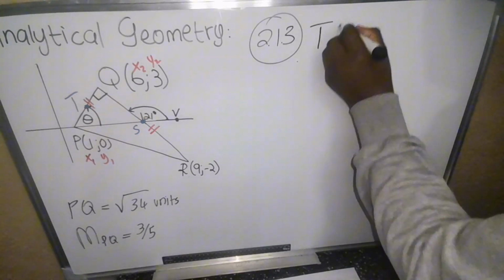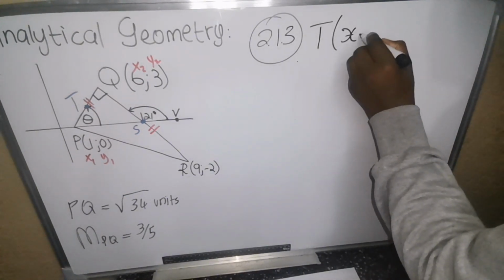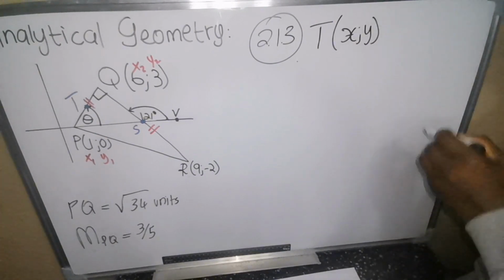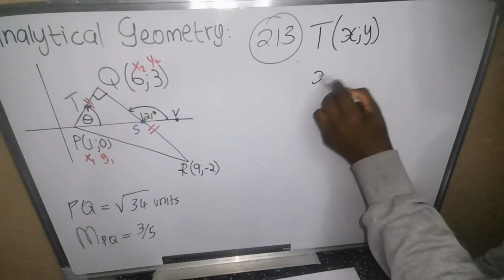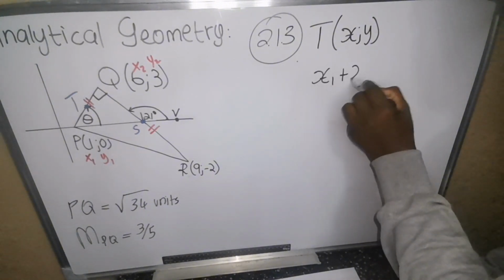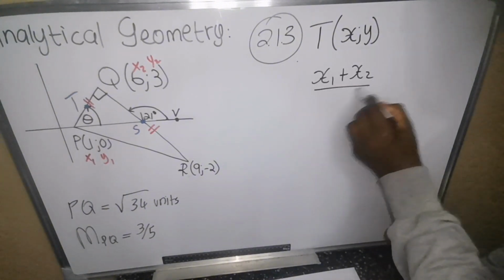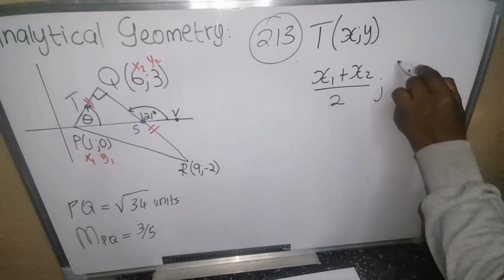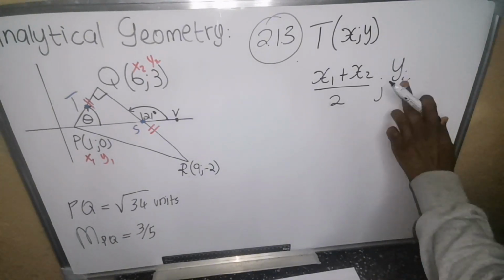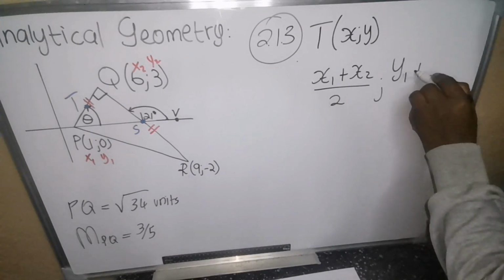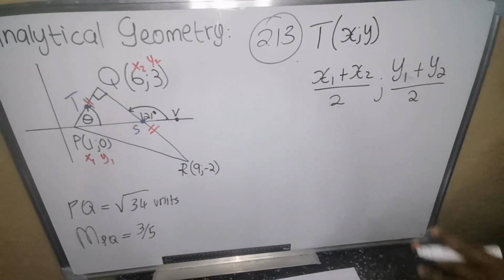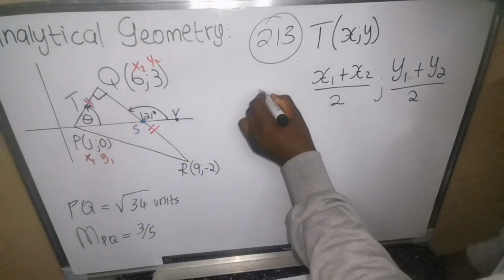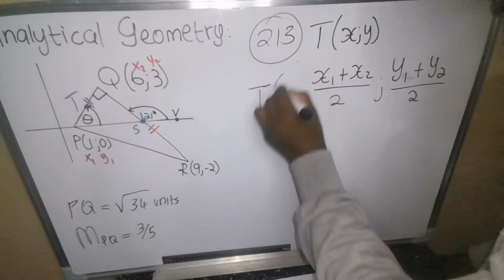Its coordinates are x and y. The midpoint formula says that it is x1 plus x2 divided by 2, and y1 plus y2 divided by 2. So now T is the midpoint.